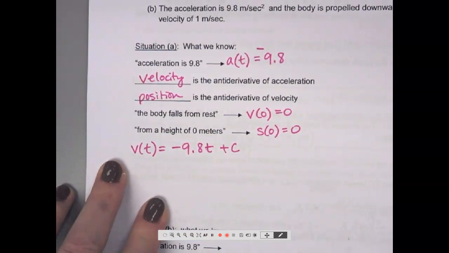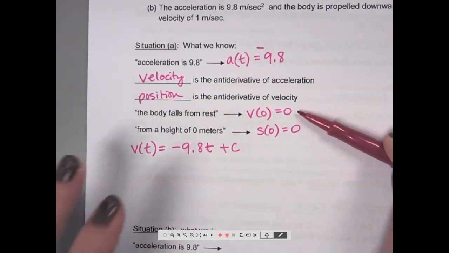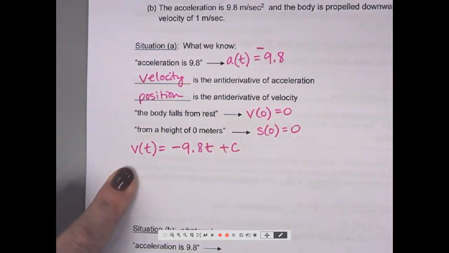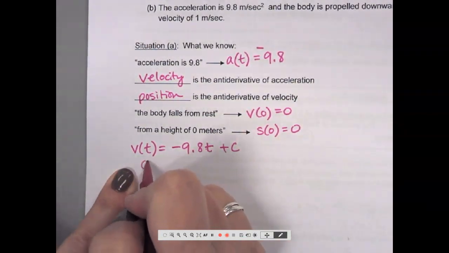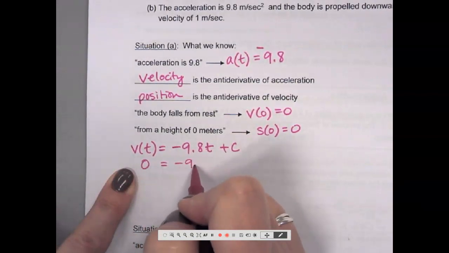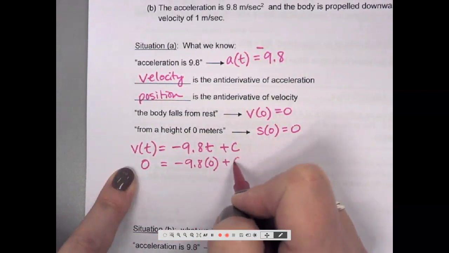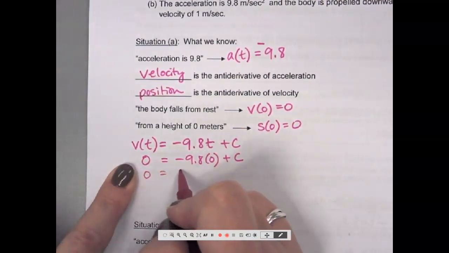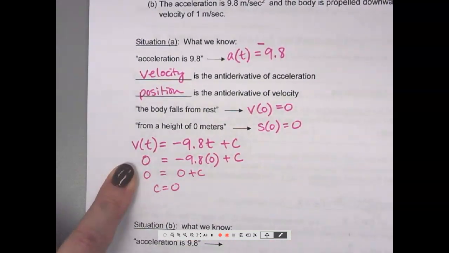Okay, so now this is where I'm going to take this equation, v of 0 equals 0. That tells me that the ordered pair 0, 0 is on the velocity function. So x is 0 and y is 0. So I'm going to plug in 0 for y, 0 for x, which is time here, plus c. 0 equals 0 plus c, so c is 0.